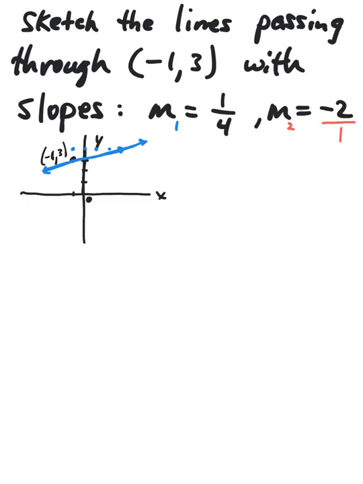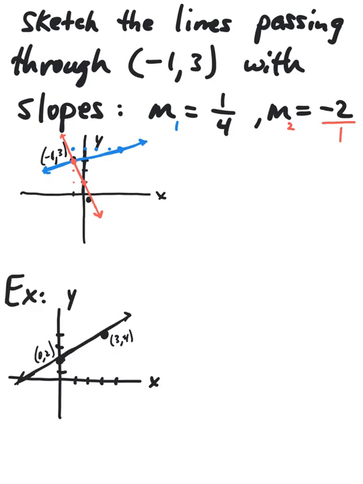Going back to the graph, again from the point of interest, -1, 3, with a negative slope we're going to count down and then right. So from here we count down 2 over 1. This is the location we're going to pass through. And so this line passes through that same point, but it is negatively sloped, specifically -2.